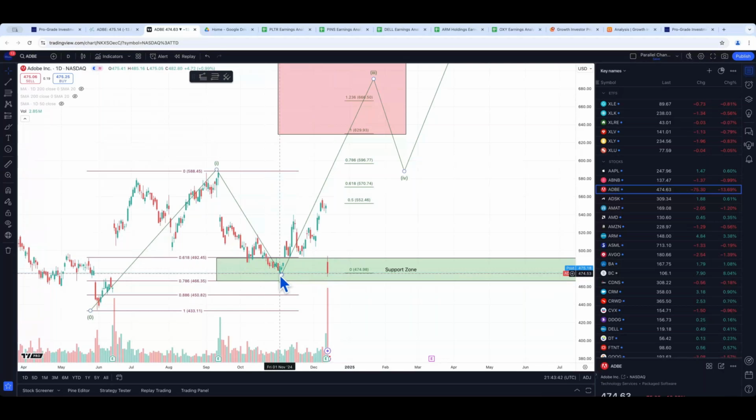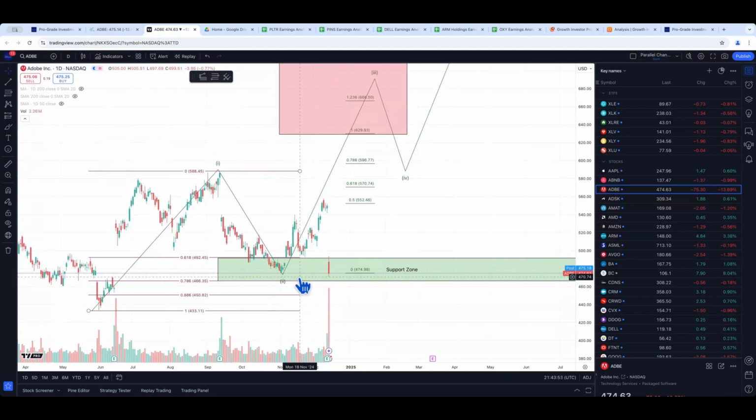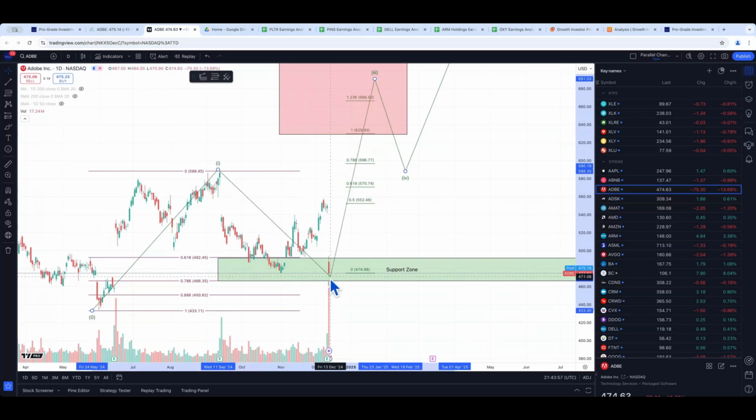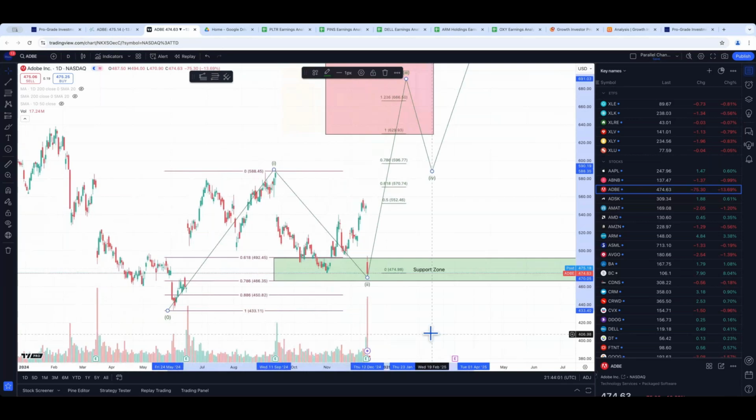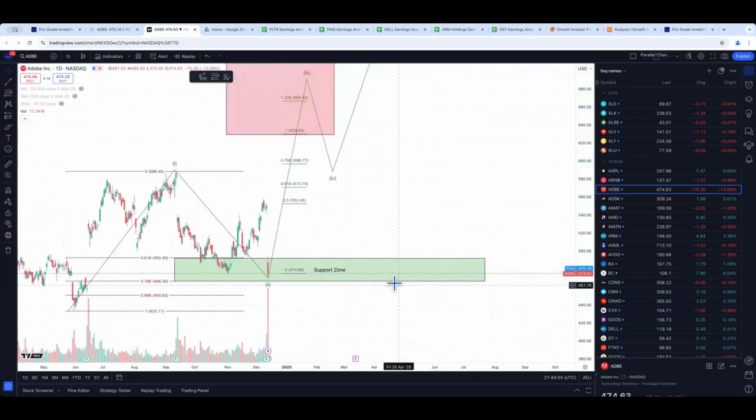So, yeah, whilst it can be disarming to see a drop like this from 557 just before earnings to an intraday low of 470, fact is it held at that low. So we can move this over a bit, and we can say, well, that's a double tested low there. This green support zone box, we drew this way back here to indicate this 61.8 to 78.6 retrace zone, and that's held again.